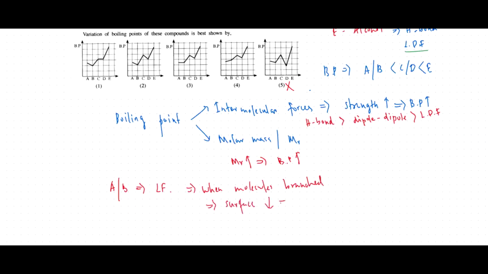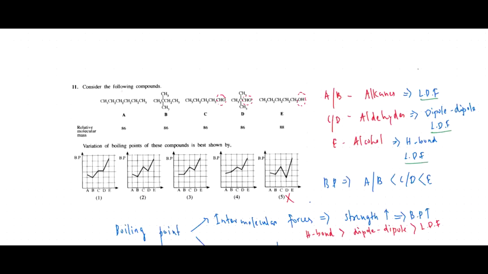Therefore, the strength of the London force also decreases and the boiling point decreases. So therefore, the boiling point of B should be less than the boiling point of A because B is branched and A is unbranched.